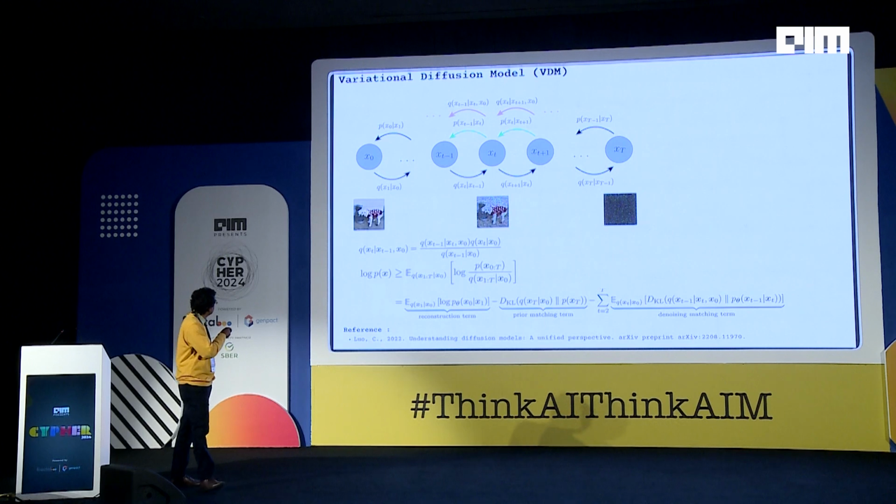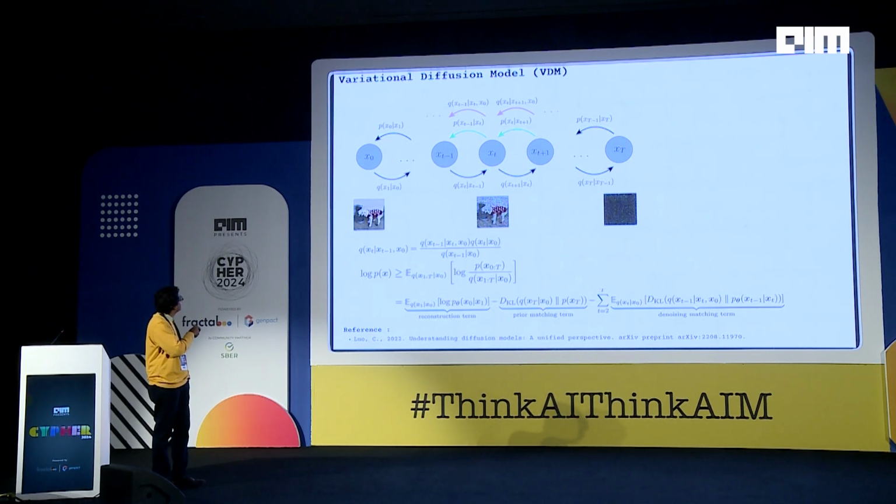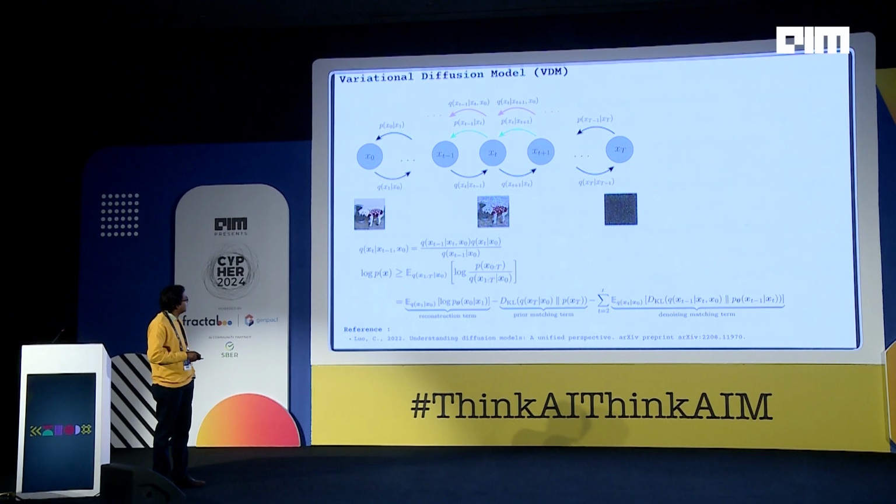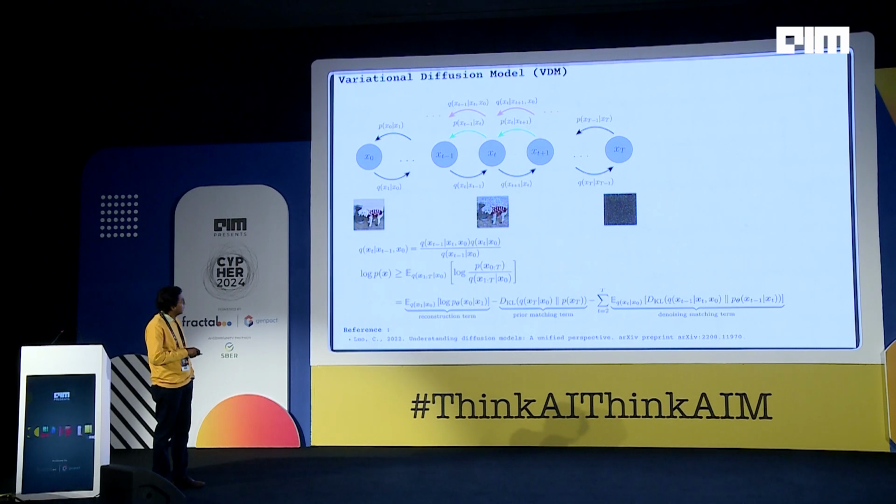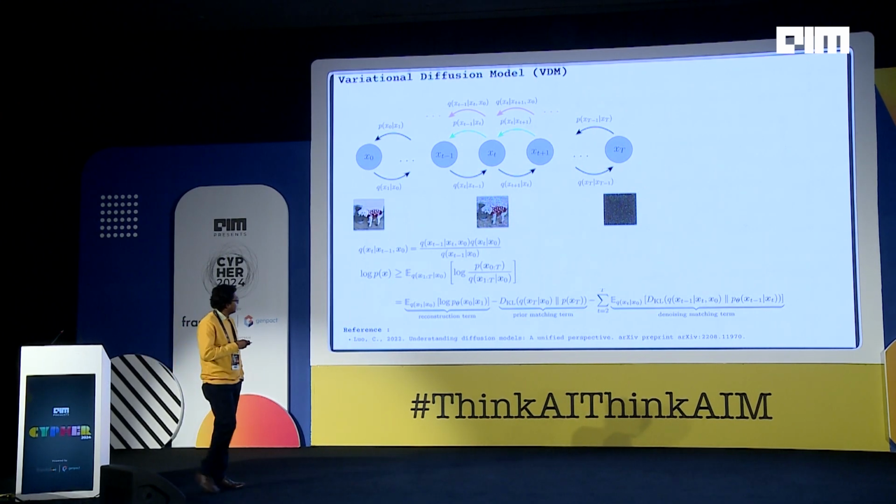There is another pink line that should go from x0 to this, which I have ignored. So that should match this actual denoising term which I'm trying to do, right? This is basically the theoretical denoising, the Q distribution. Now if I want to come from this to this, that's my distribution, okay? So q of xt minus 1 given xt and x0, and this is p theta of xt minus 1 given xt, right? Okay.